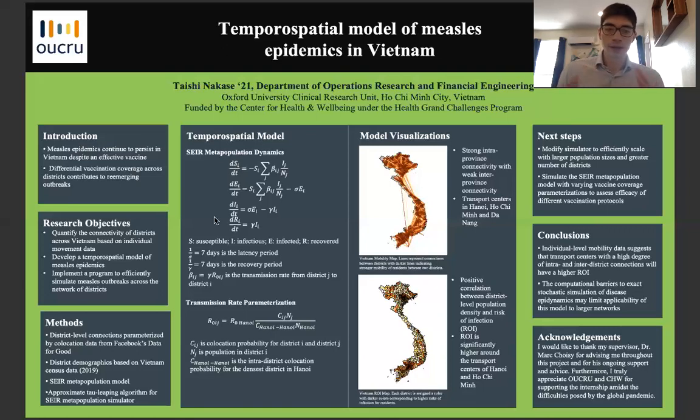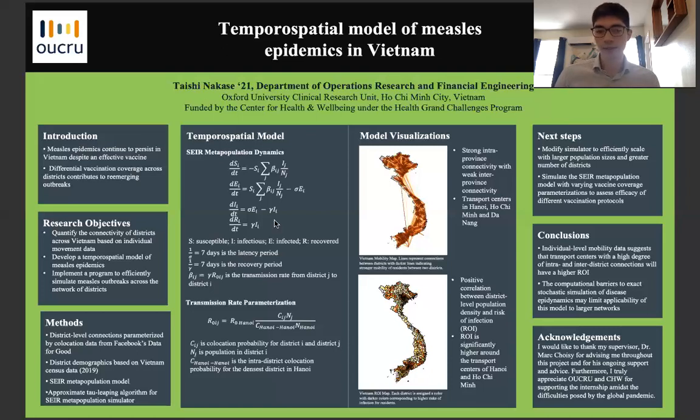Given the availability of data on past measles epidemics, the latency period and recovery period, which I have here as 1 over sigma and 1 over gamma, are about 7 days, and they're pretty easily estimated. It's consistent across epidemics regardless of geographical region for the most part. What is different and really context specific is these beta IJs.